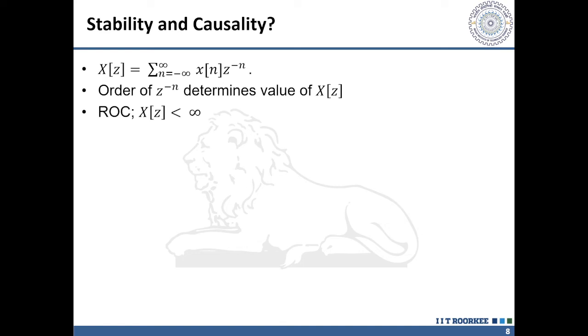ROC is the region of convergence in which a signal is analyzed for stability and causality. The region where X(z), the Z transform of a signal x[n], is less than infinity, or is finite, is called the region of convergence.